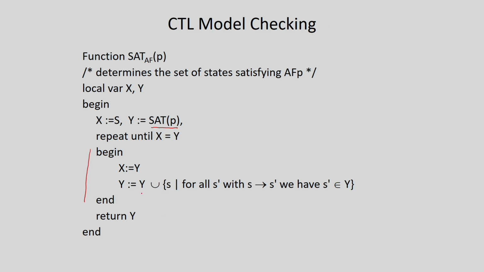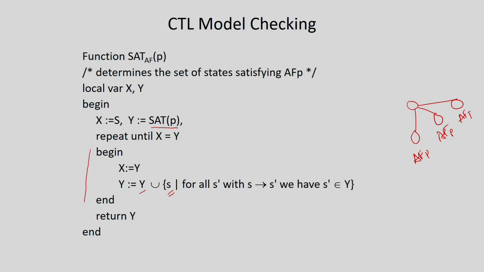So Y becomes Y union the set of states S such that there is a transition from S to S dash, where S dash belongs to Y. Say I have this scenario, where these are the states where AFP is true.